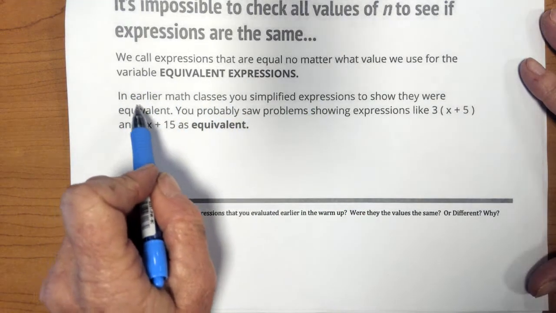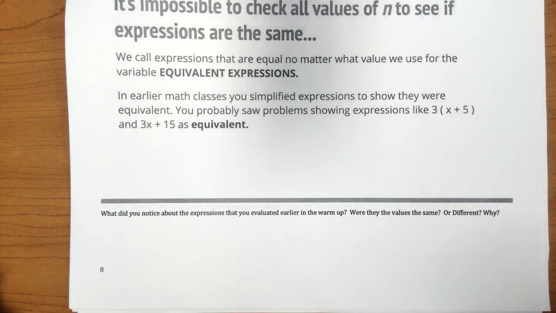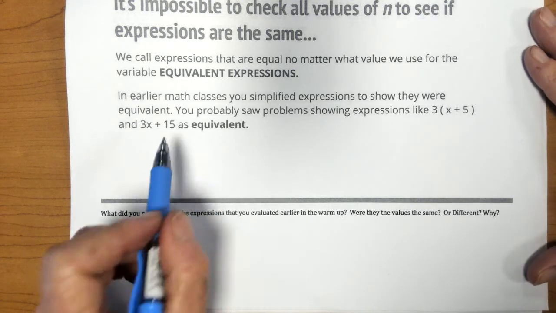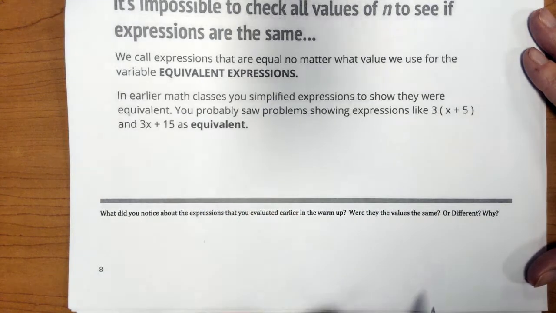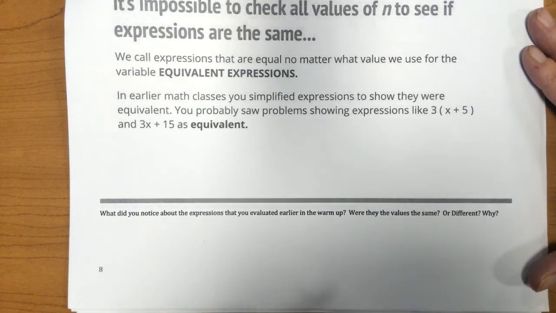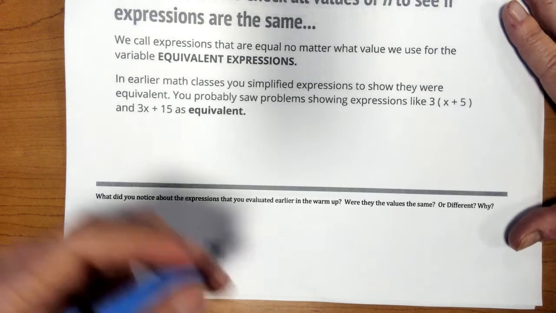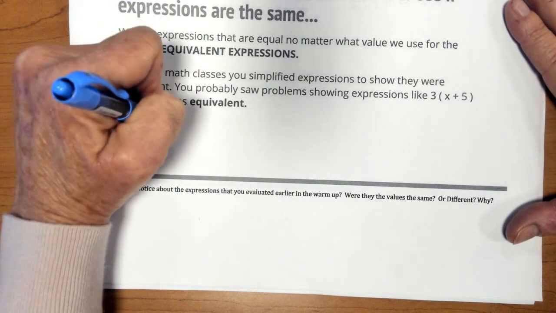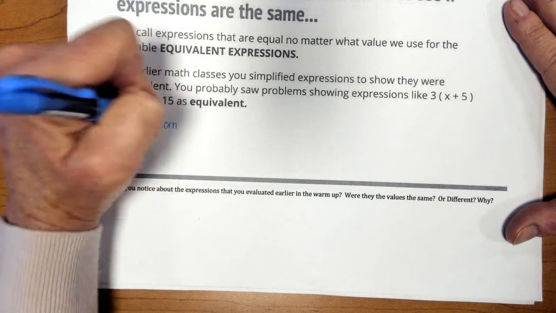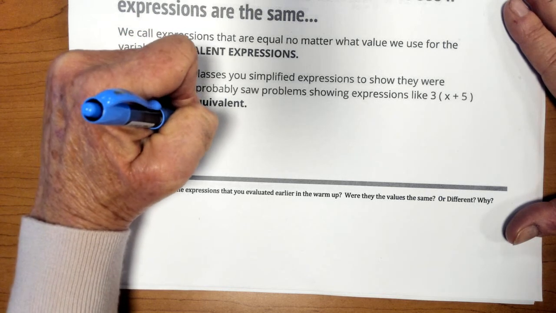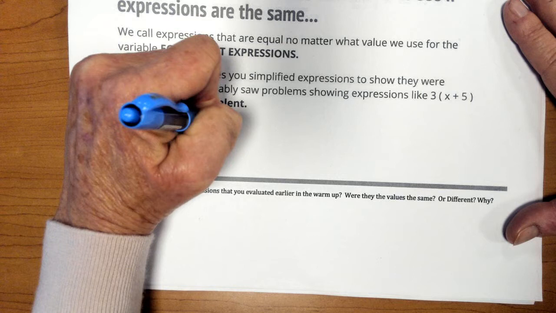So in earlier math classes, if you think back to 6th, 7th, or 8th grade year, you simplified expressions to show that things were equivalent. So what does that mean? That means that maybe what you did was that you combined, and I'd like you to jot this down, you combined like terms.